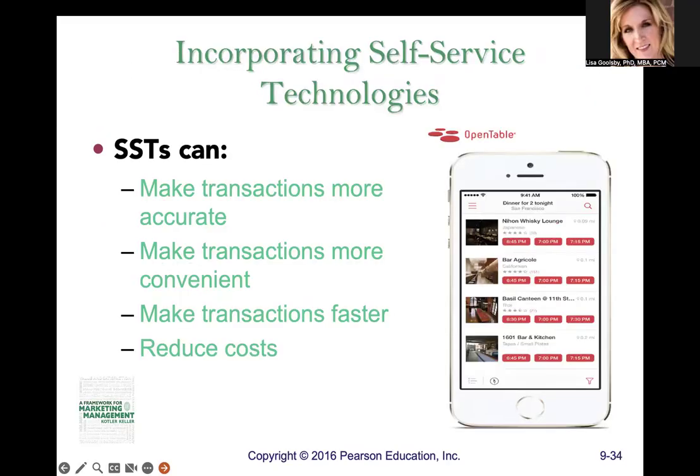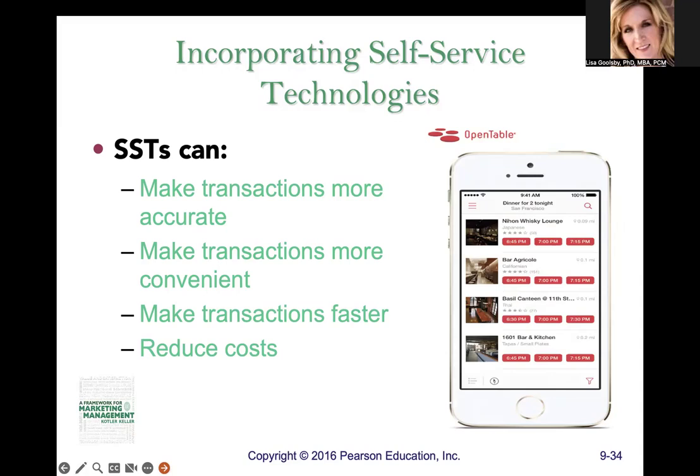Some self-service technologies have come up. We don't have a lot of them in my market area. There are a few, like when I go to the airport, I like to tag my own bag and then I just need to drop it off, worth it not to have to stand in line. So that self-service technology of being able to tag my own bag and check it is really helpful. Sometimes you'll have automatic check-ins at hotels. Sometimes you'll go into restaurants.